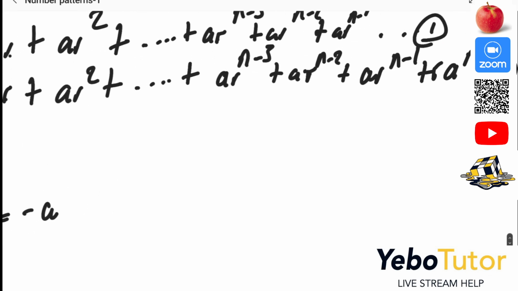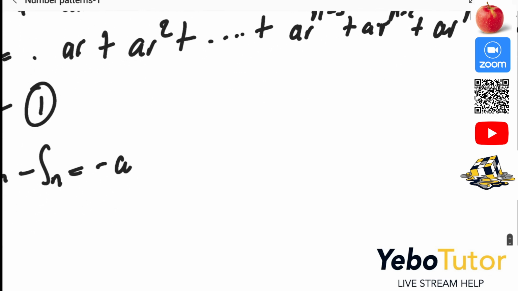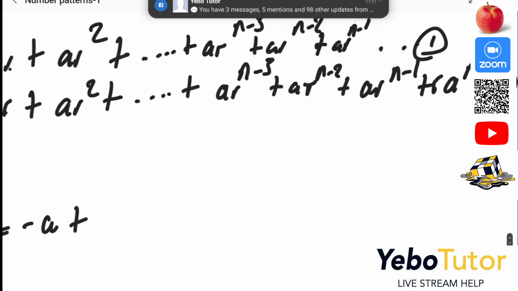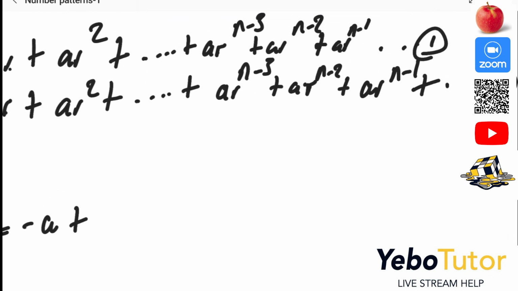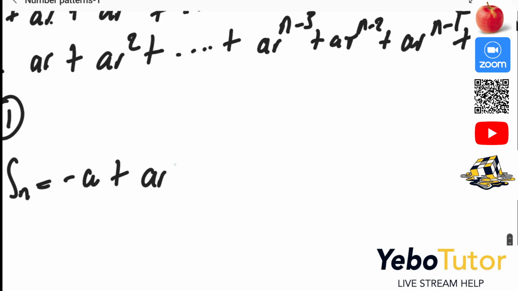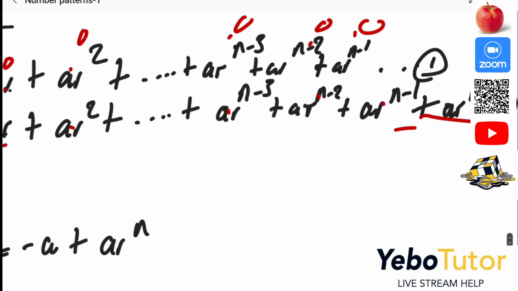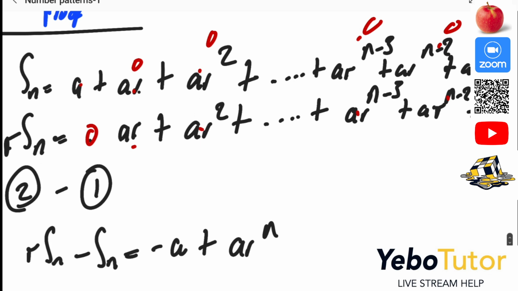Sorry, forgot the r there, so that would be plus ar to the power n. Yes, because other things, they will just cancel each other, as you can see. Ar minus this, it's 0, this minus this 0, and we're all left with this ar to the power n. Then here 0 minus this, that's giving us that negative a.